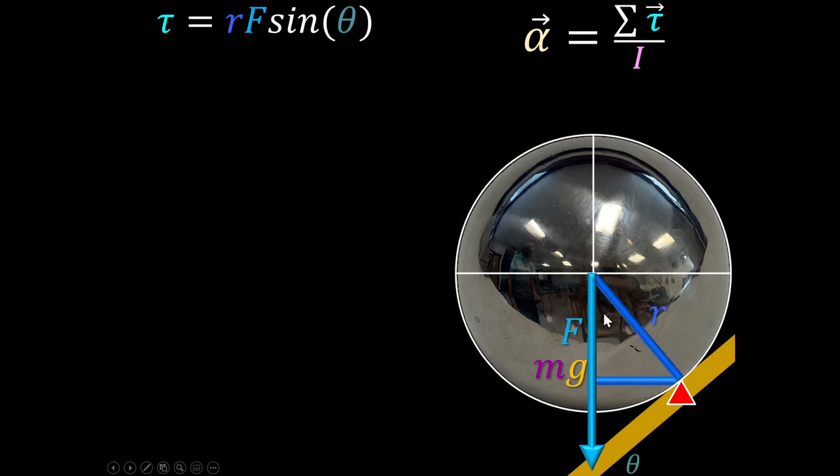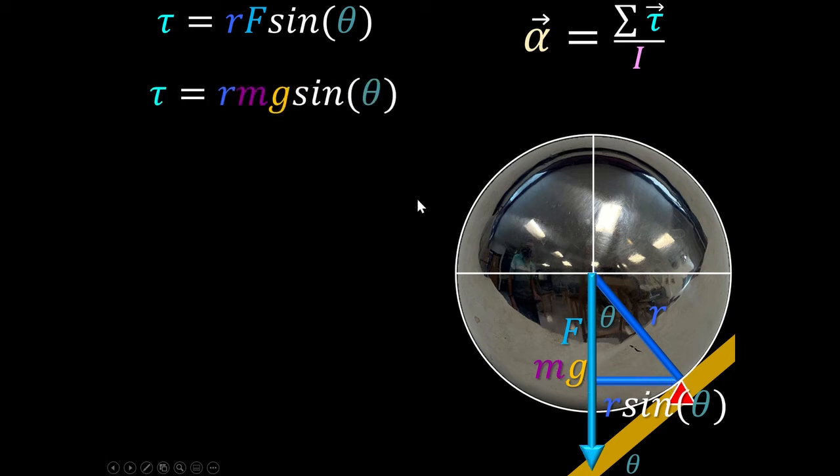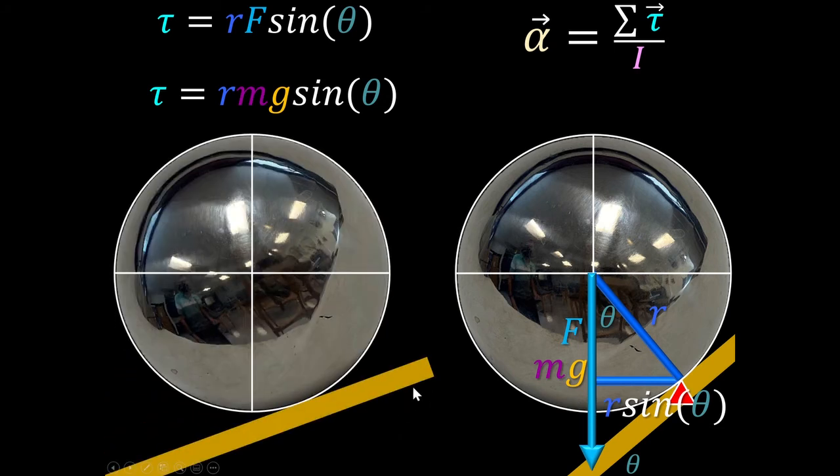And we can measure that distance if we know the radius. This angle here is going to be the same as that angle there. So if I take the hypotenuse and I multiply by the sine of the angle, it would tell us what this opposite side is here. So this force times that distance would be the torque that's put on it. Okay? And if it was on a ramp that was less of an incline, a smaller angle, that's where it's touching.